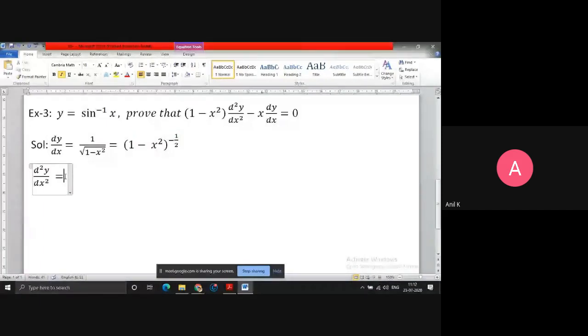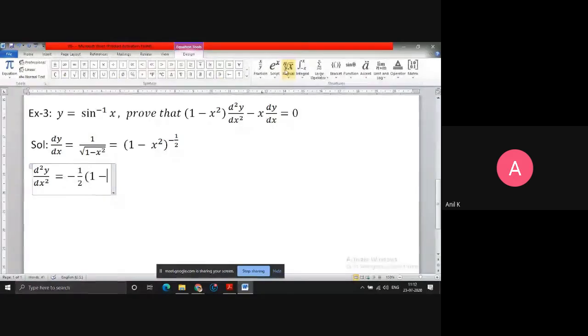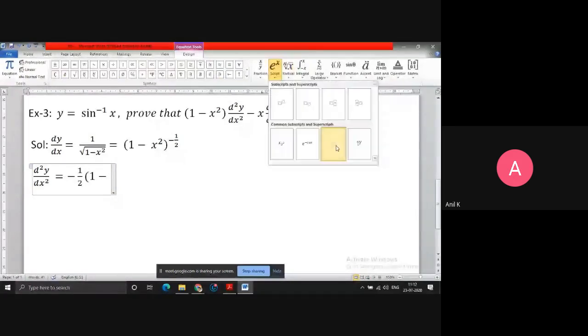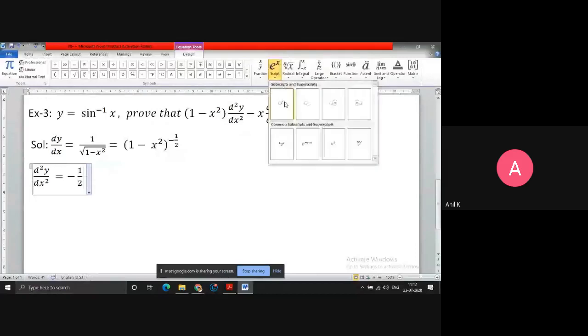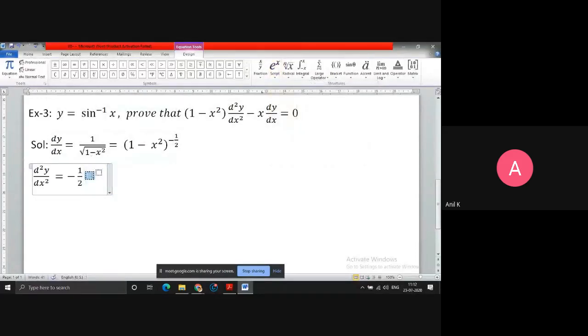So here the n value is minus 1 by 2 into 1 minus x square, and I have to insert that exponent term. n into x to the power of n minus 1, here n is itself minus 1 by 2, minus 1.